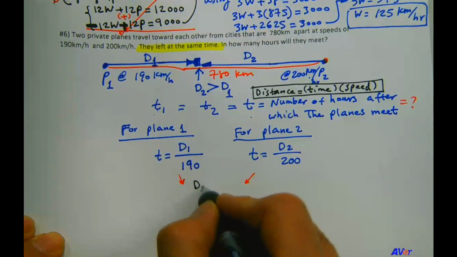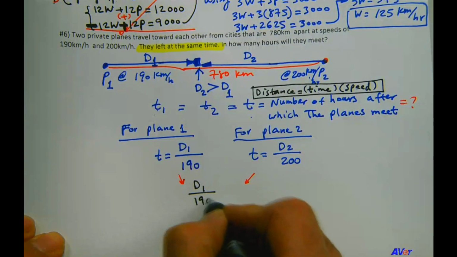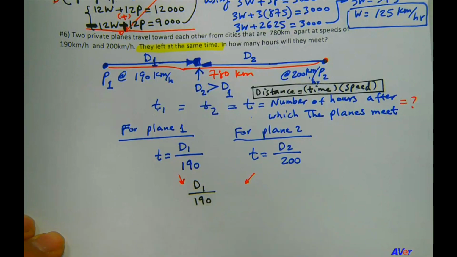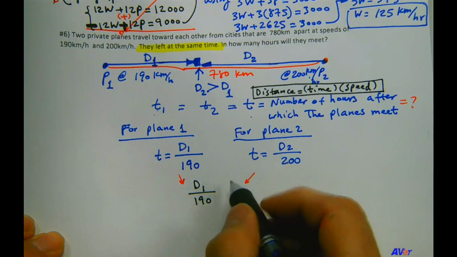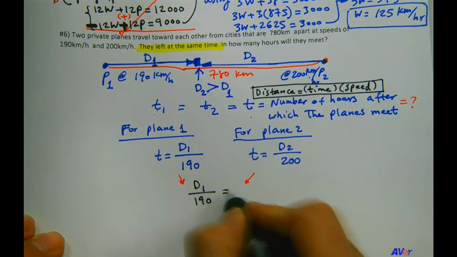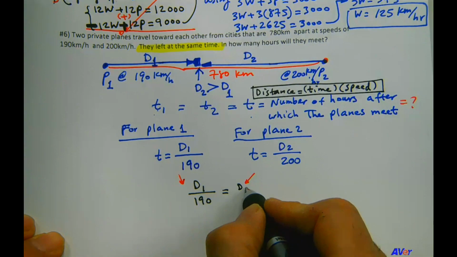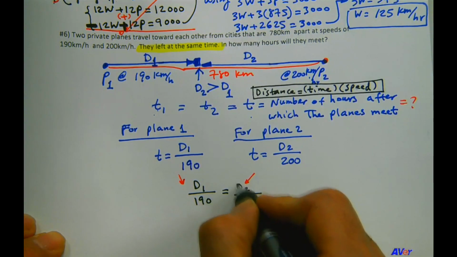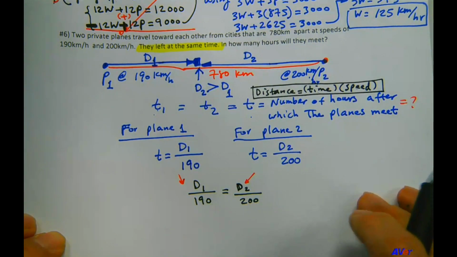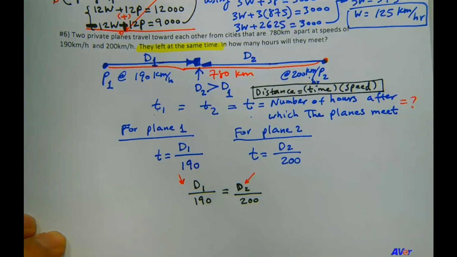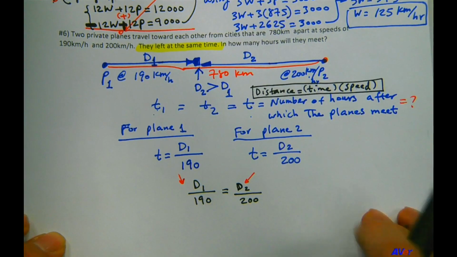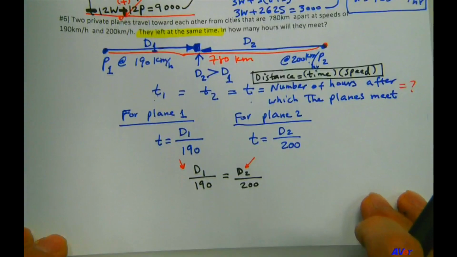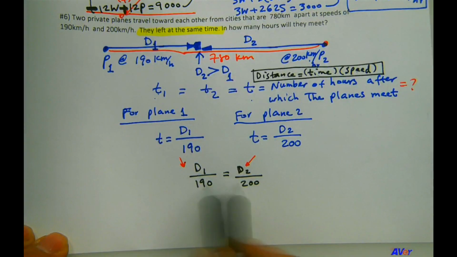So D1 over 190 equals D2 over 200, right? That's D2. Okay, so we can say that about them. Now, we have an equation with two unknowns.